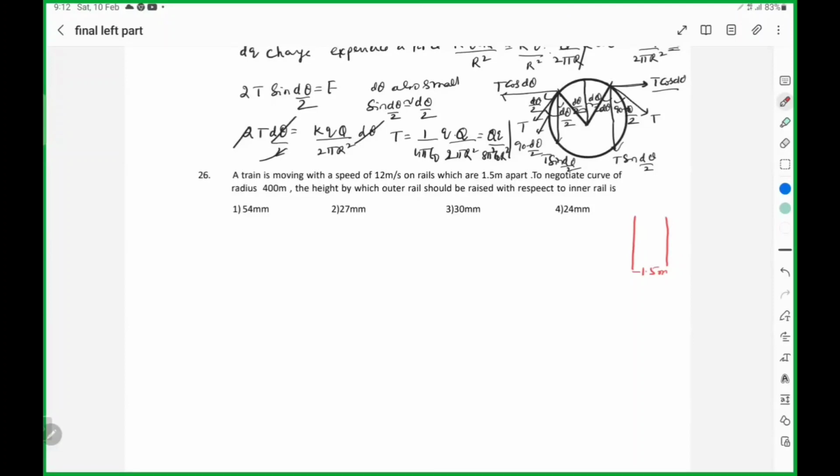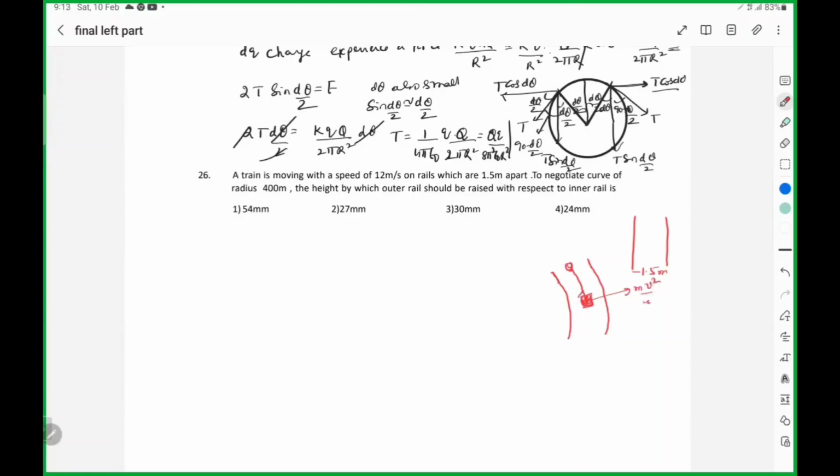Here, how to solve this kind of problem? When any vehicle, rail or car or anything, takes a turn, what are the forces which are acting? One is centrifugal force.